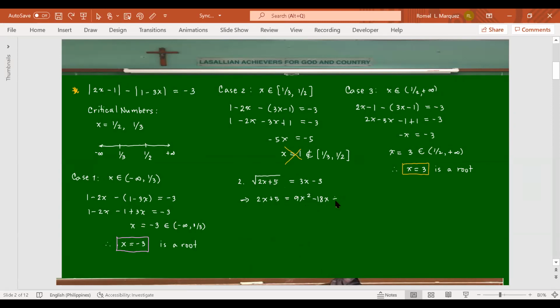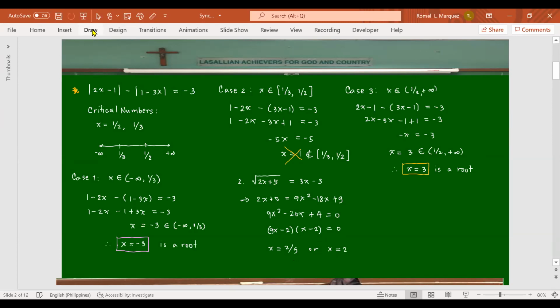Yes po. And then 9x squared minus 20x, transpose to the right, plus 4 equals 0. So x times 9x minus 2, x minus 2, right? Yes po. x equals 2 over 9 or x equals 2.